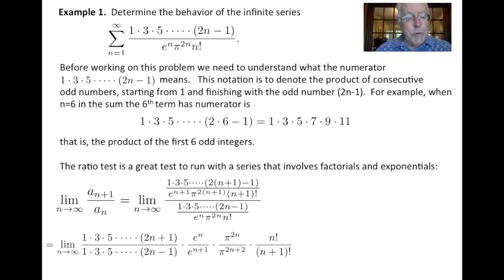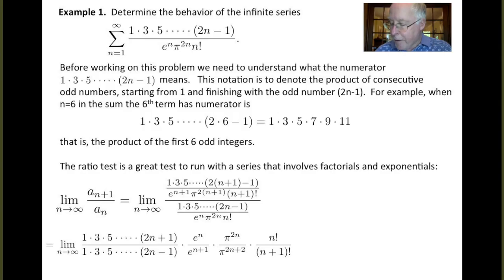Now we're going to have to do some algebra with this thing, reduce it before we can take the limit. And the way I like to do these things is often, we have to do some invert and multiply here, but then bring together the like terms from the top expression and the bottom expression. So for example, I've brought together the e to the n over e to the n plus 1. When we invert and multiply, this e to the n down here goes in the numerator. So I've paired that with the e to the n plus 1 in this denominator.